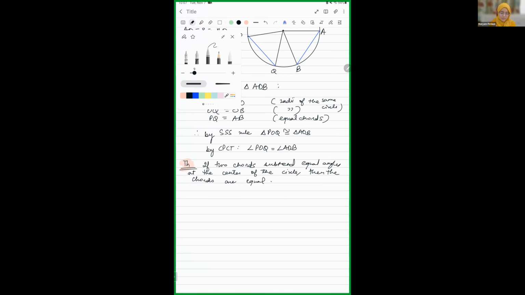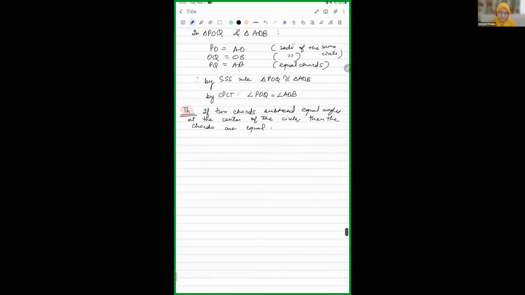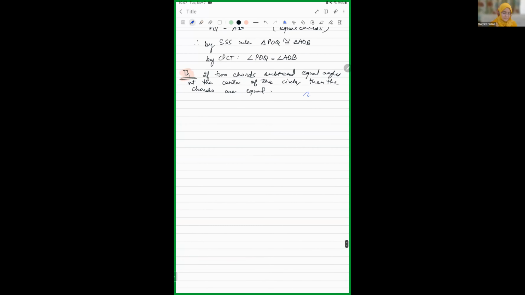How will we do this? First of all, we are going to make the diagram. We are given that there are two chords, not necessarily equal.